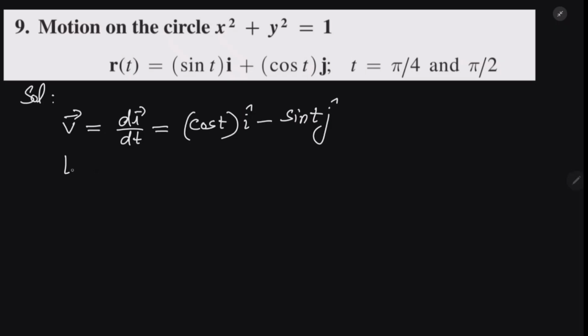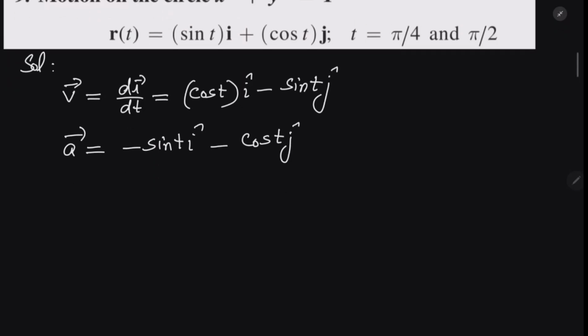We need to find the velocity at t is equal to, or maybe first the acceleration. Acceleration is minus sine t i minus cos t j. So this is the velocity and acceleration. First velocity, we find velocity at pi by 4.